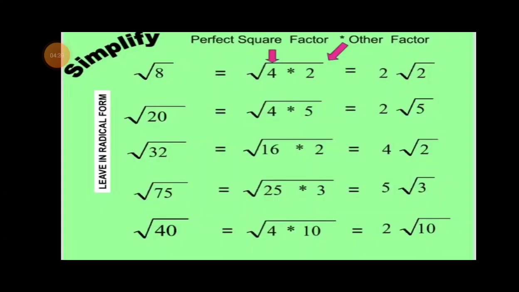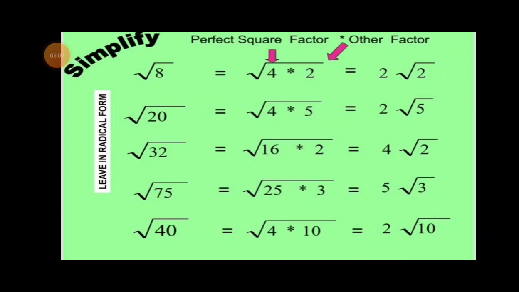So let's try this example. The square root of 8. So we need to find two numbers that when we multiply, it can result in the square root of 8. So the square root of 8 is equal to the square root of 4 times 2.